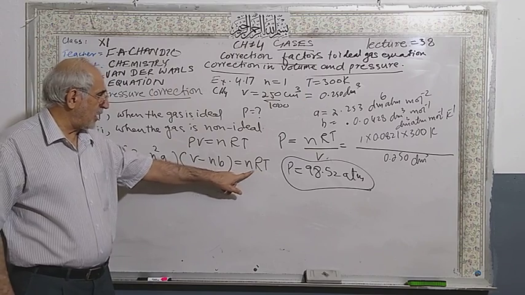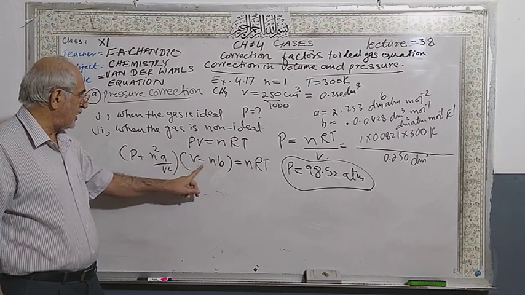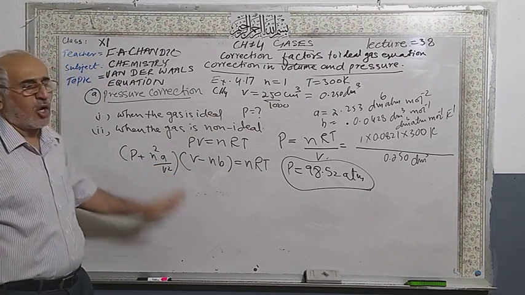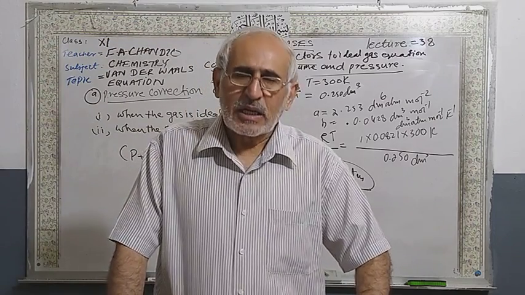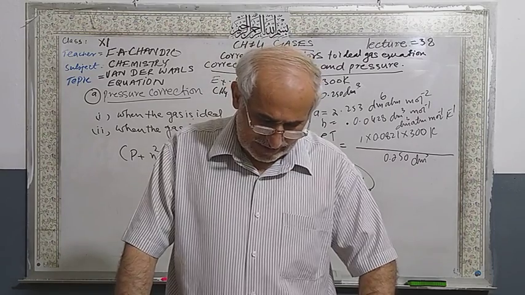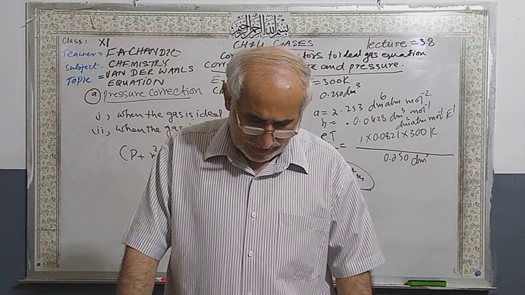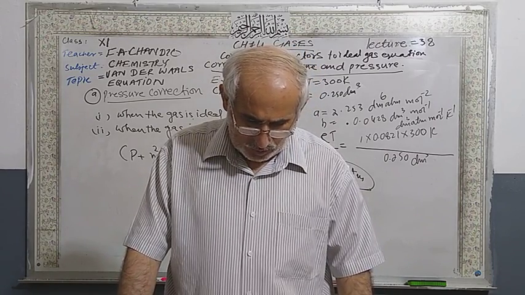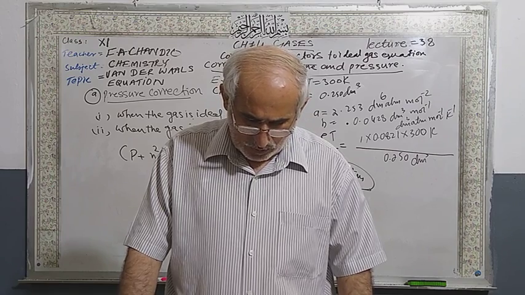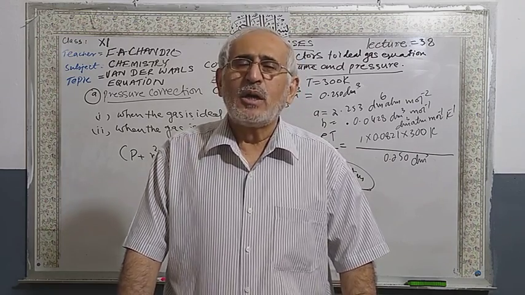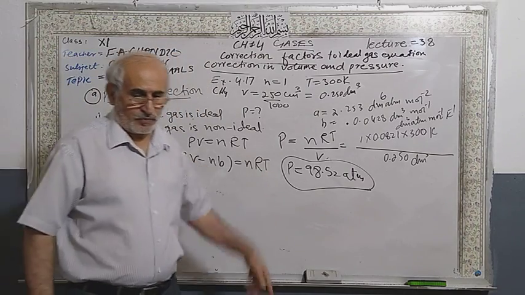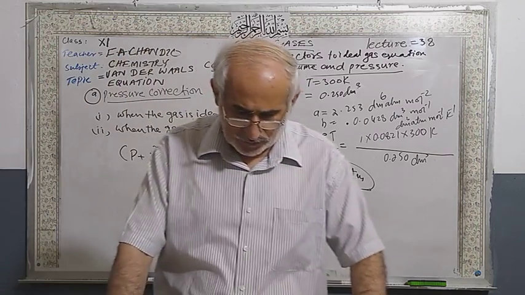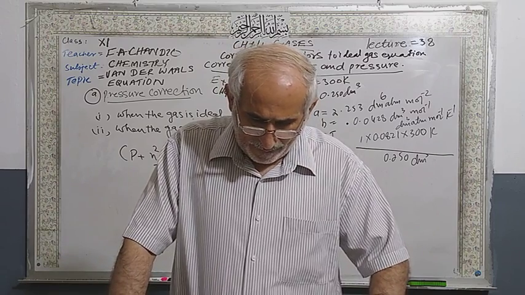R will be constant, n will be given, B constant, volume given, P given, all given. If you read very carefully, question number 16A: value of A given, B given, volume given, pressure given, number of moles given. So calculate temperature. So students, you have to calculate this one.